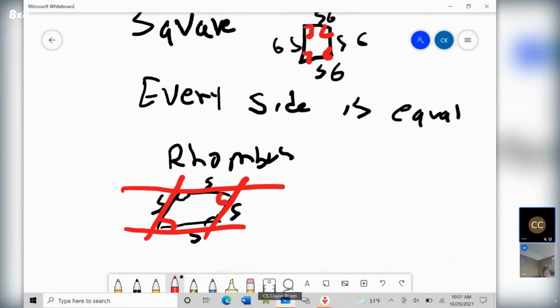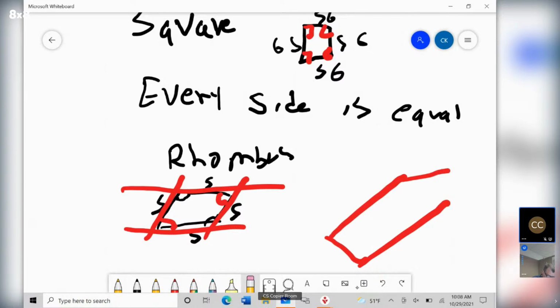So if we had a rhombus, let me try to do this a little bit better. Hold on one sec. This one was fine.